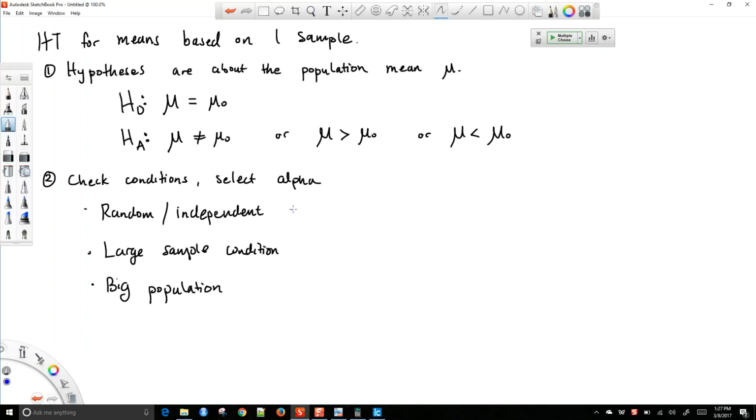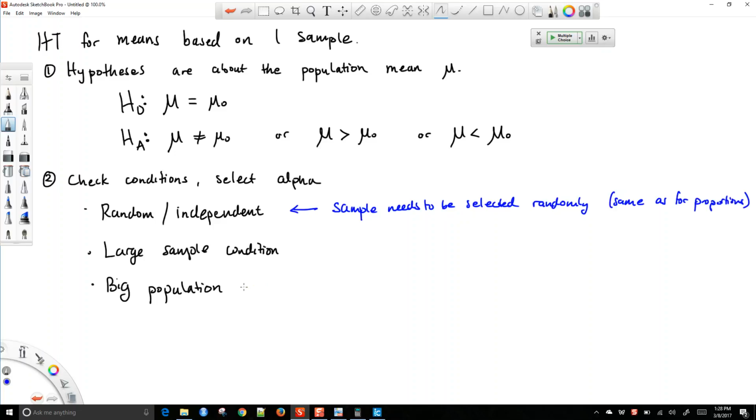Okay, random and independent condition, basically the sample needs to be selected randomly. So this is the same as before. Sample needs to be selected randomly. Okay, so this is same as for proportions.